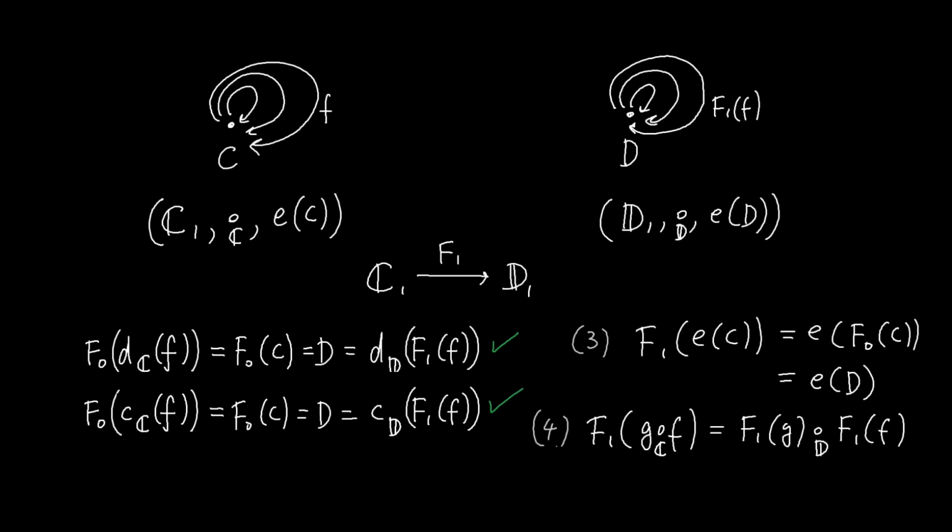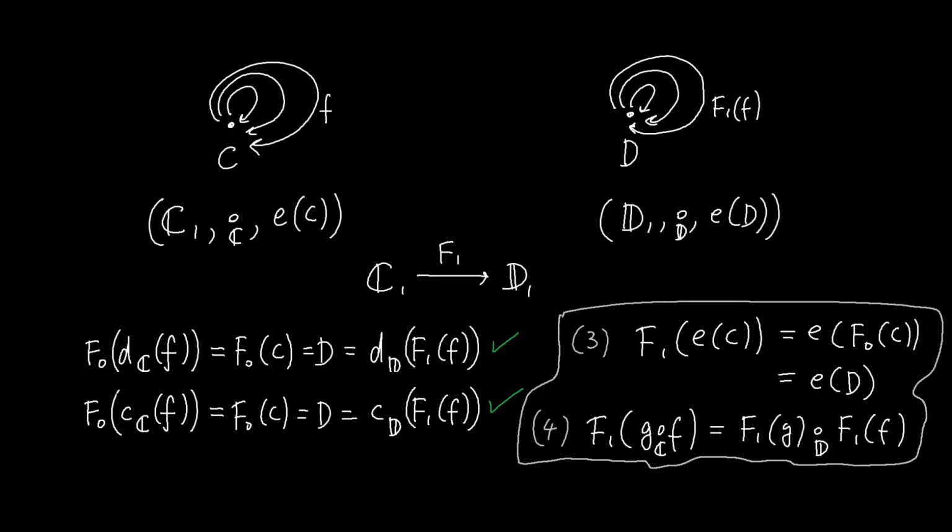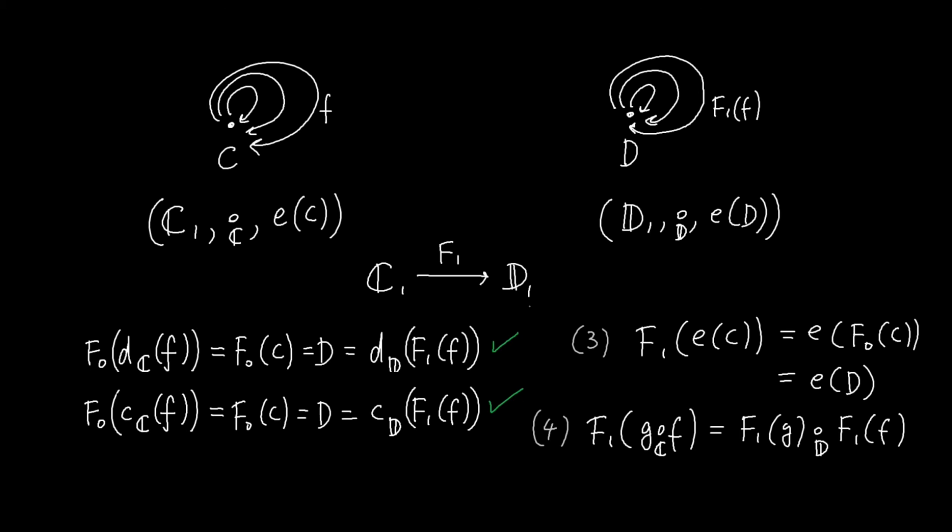Now, keeping in mind that single object categories are nothing other than monoids, would anyone like to tell us what these axioms are in the context of a function between monoids? While you're thinking about that, let me make my screen bigger.